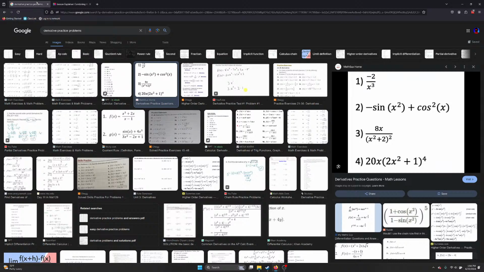So negative sine of cosine of x times negative sine of x times sine of cosine of x. Is that correct? I think it is. And then you just add the two terms.